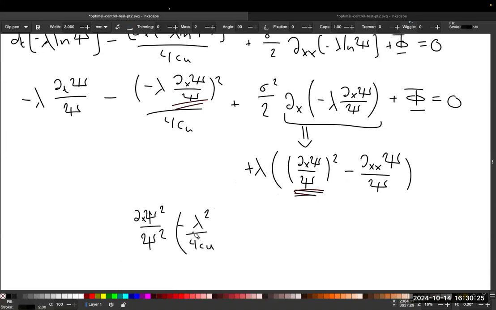I'm sorry about that. So we're going to have negative here, plus lambda times sigma squared over two.